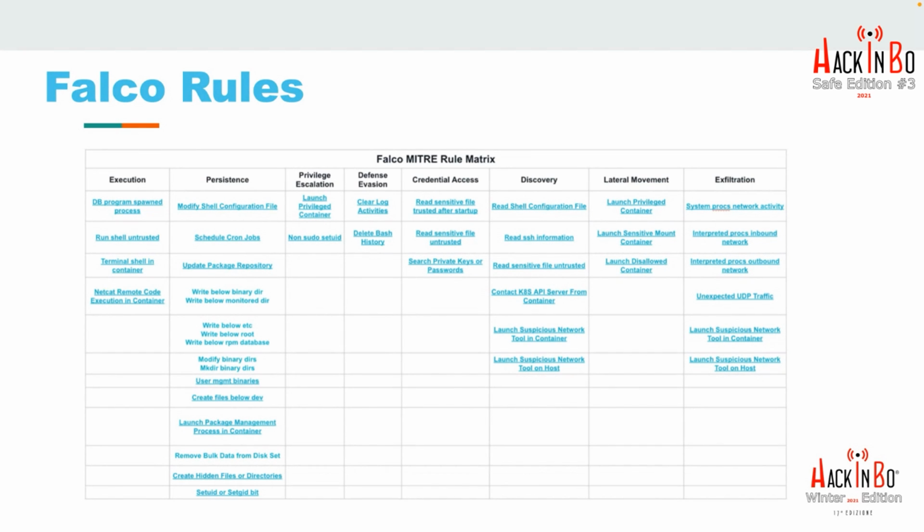So there is constant work done by the Falco community to check, update, or implement new rules basically every day. We also need to keep in mind that the rules already available are pretty general, since they have to fit all the users and all the customers.